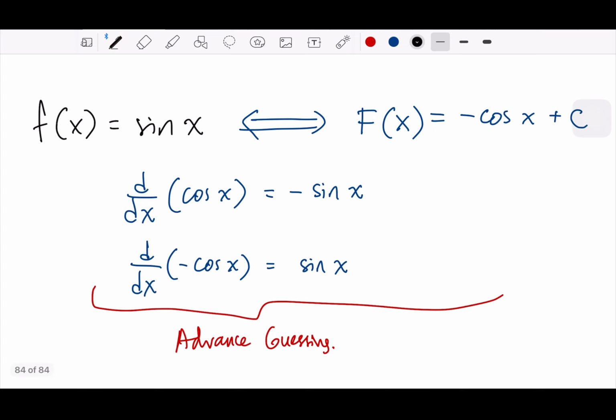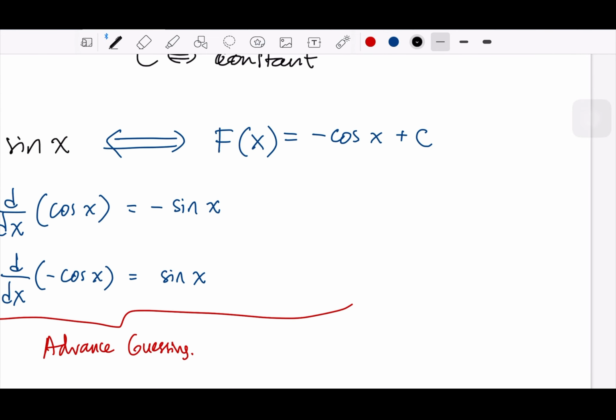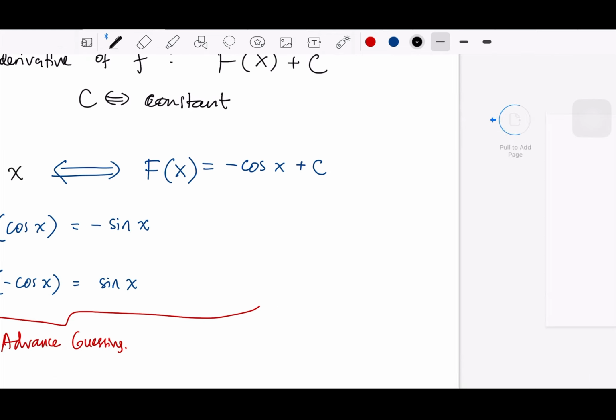And there are some other functions that we can think of and write. Maybe let me write on the next page. Some of them are: the derivative of ln x is 1 over x, right?